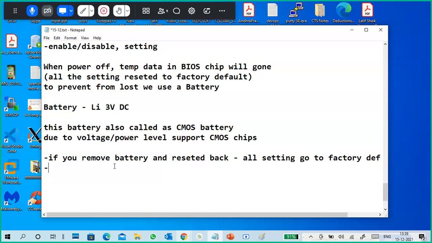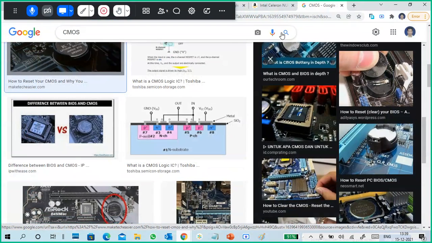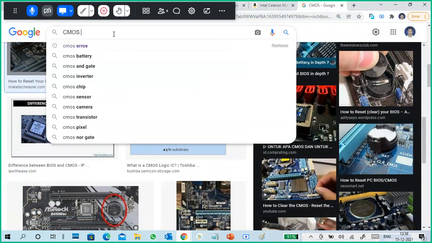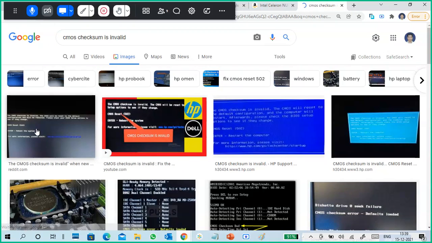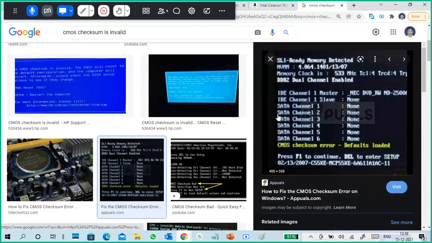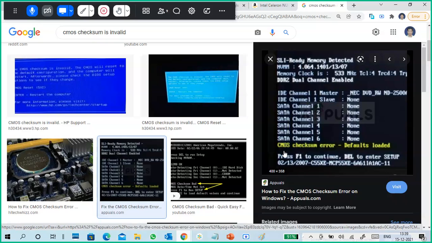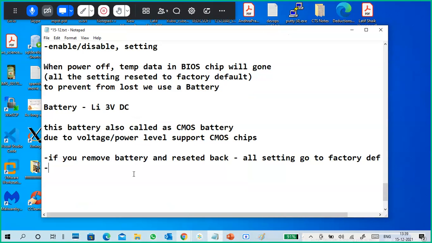Next, when you start your PC, if you get this error, you must check it. Sometimes you will see, in yellow color, CMOS checksum error, defaults loaded. Press F1 to continue, Del to enter setup.